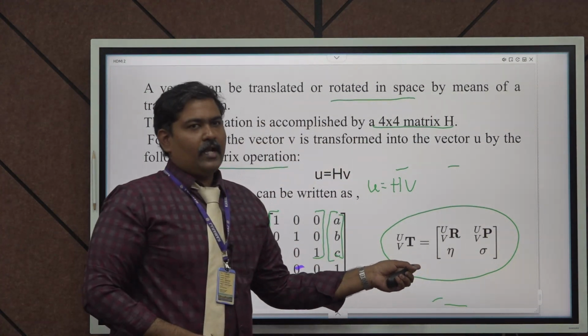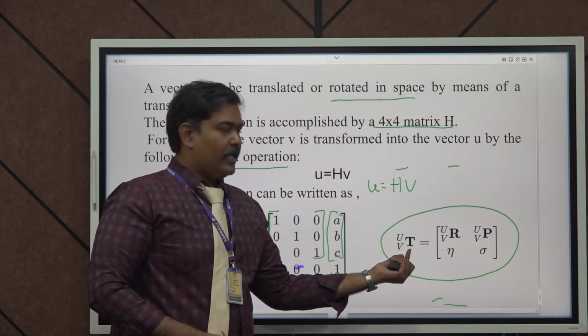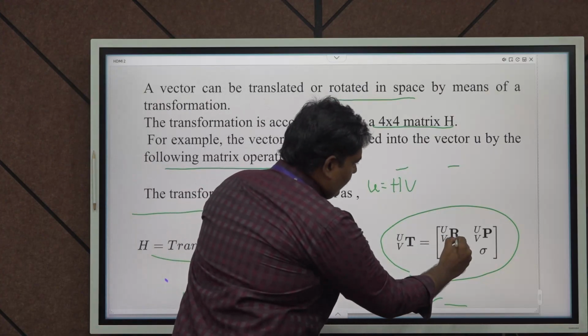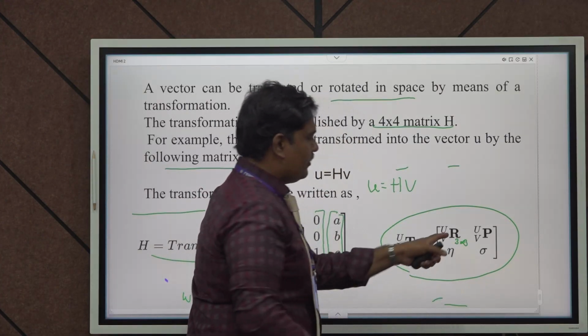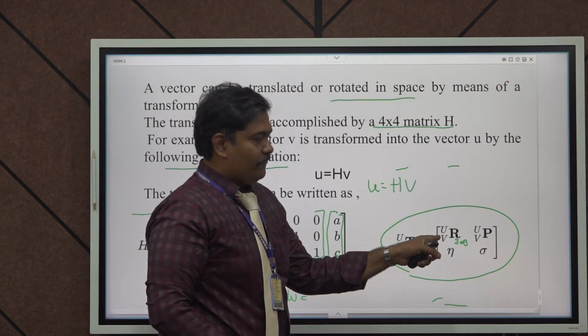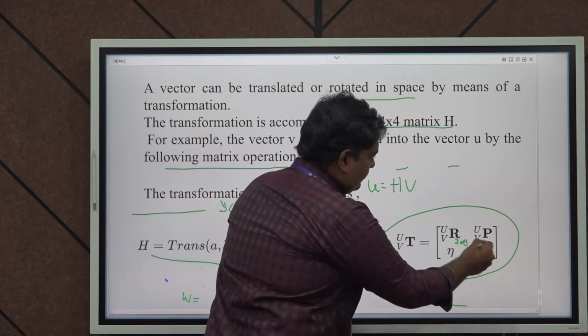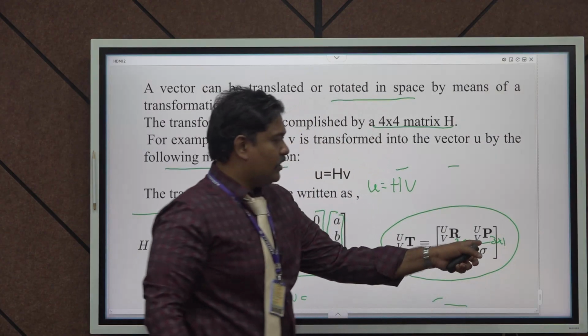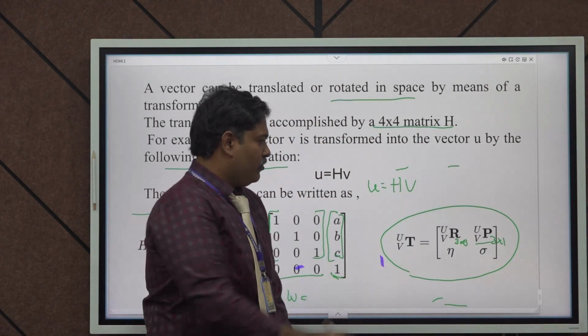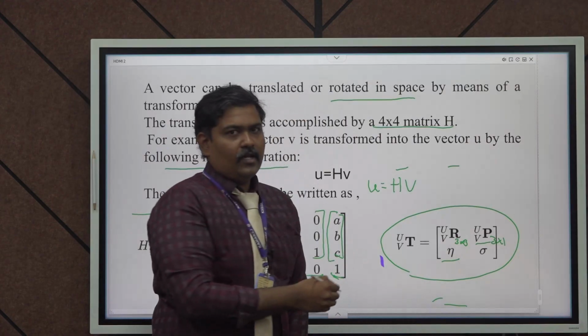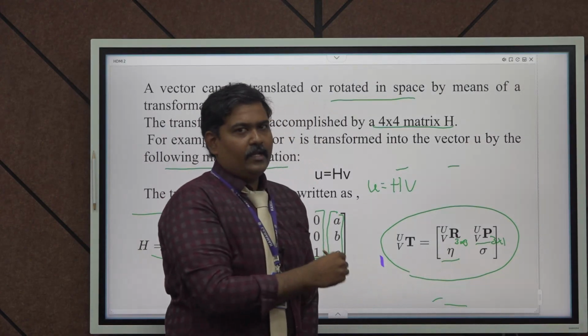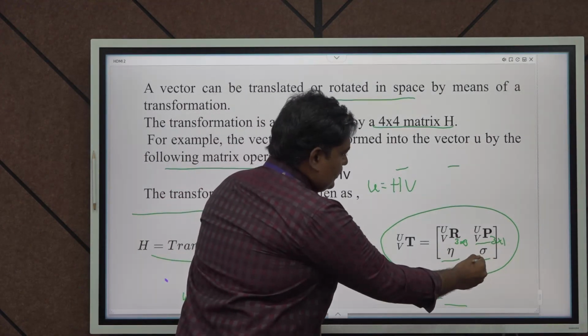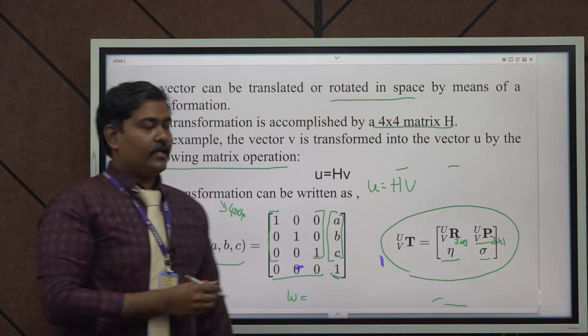Here the transformation can be represented in a generalized format. The 3x3 matrix can be written as R V to U, and the 3x1 position vector can be written as P V to U. Here the projection vector, or we can say the perspective vector, and the scaling factor eta.